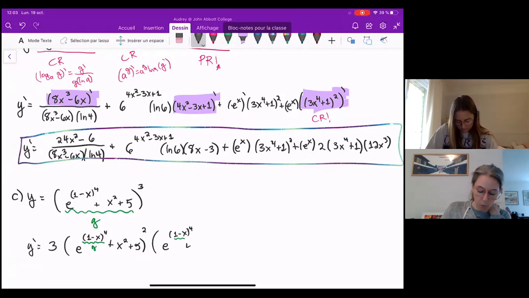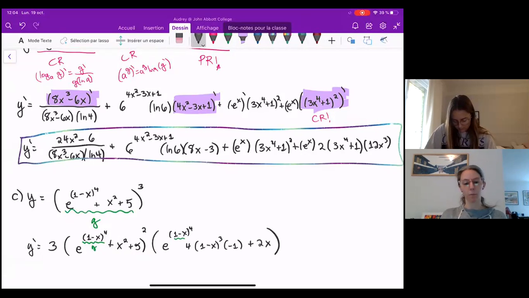So this is going to be 4 times 1 minus x cubed times the derivative of 1 minus x, which is negative 1, plus 2x, and the derivative of 5 is 0. Do you guys want me to break that down into multiple steps? Or did you follow?